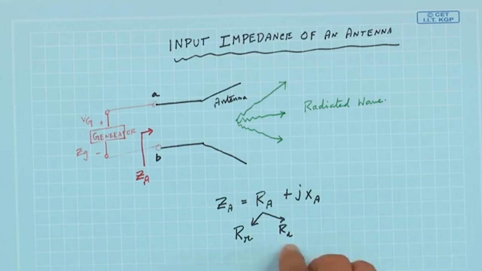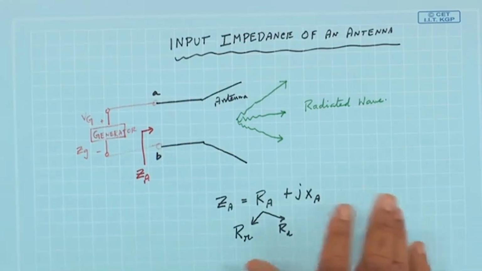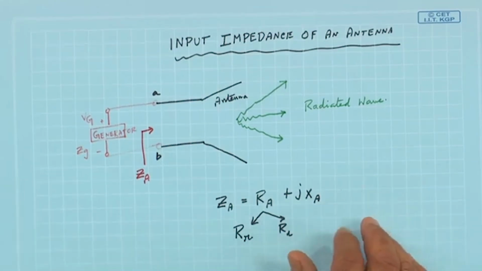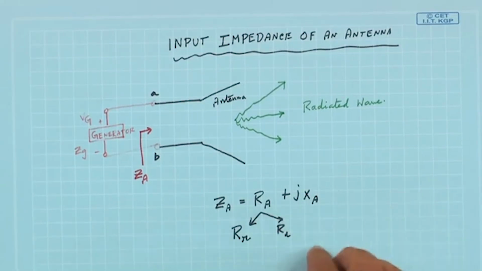Now, fortunately at microwave frequencies, this loss resistance RL is not very high. By proper designing of antenna, we can make this loss quite low compared to RR.